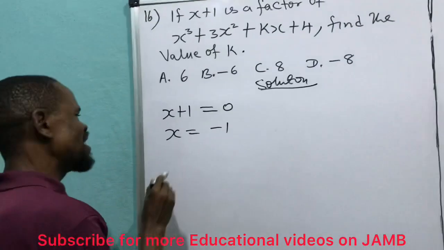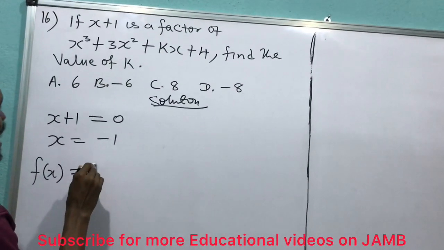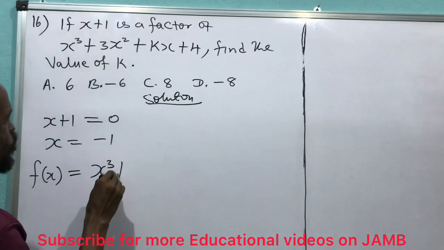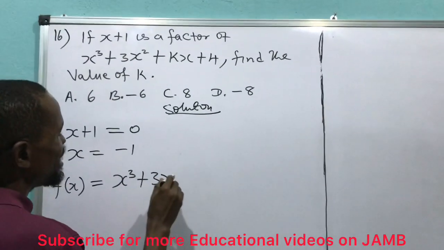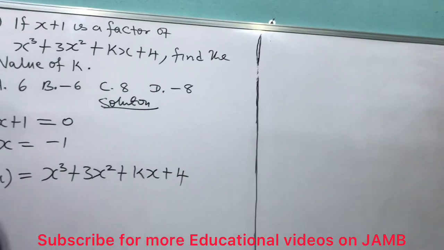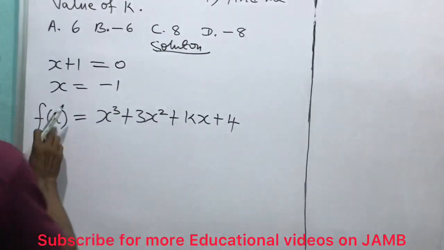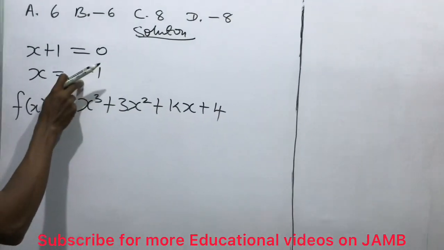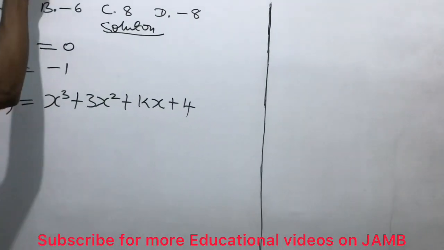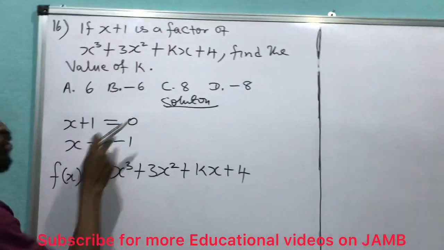And that means that f of x is equal to x raised to power 3 plus 3x raised to power 2 plus kx plus 4. Then put this factor, which is minus 1, into this. I think you know what I mean, that for this to be a factor of this polynomial, x plus 1 is equal to 0.